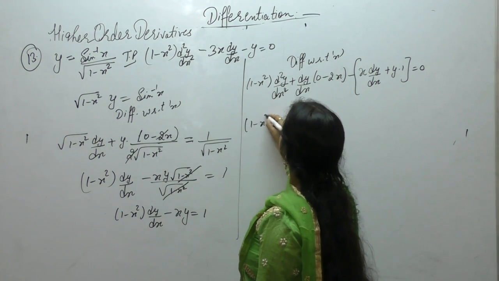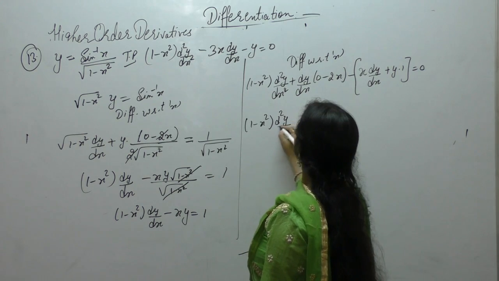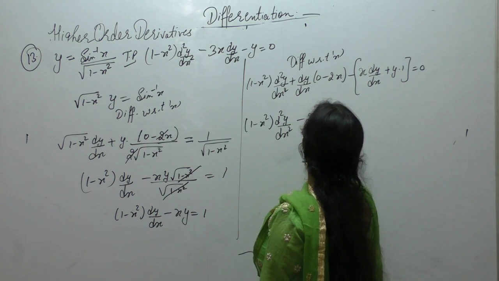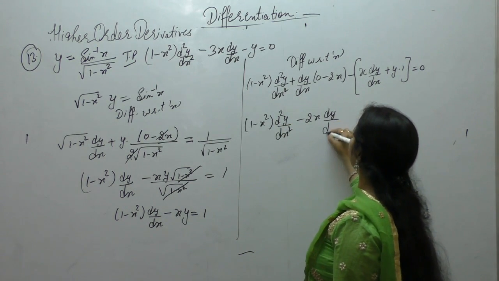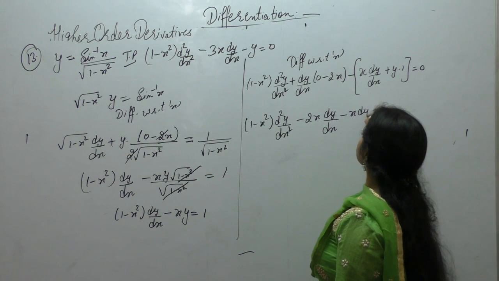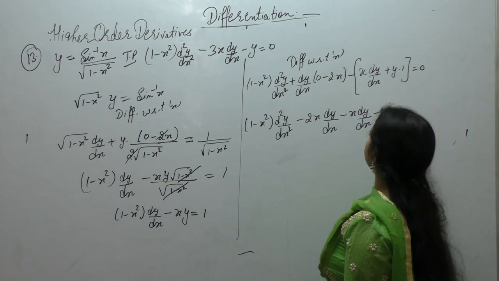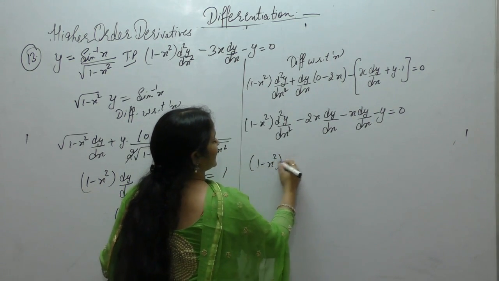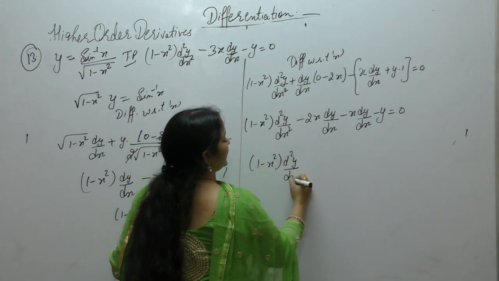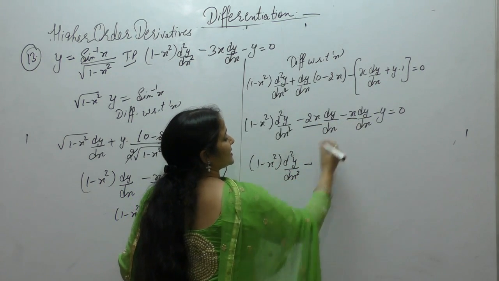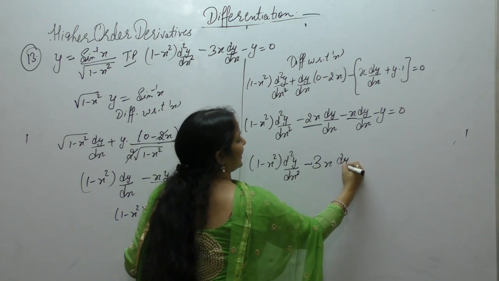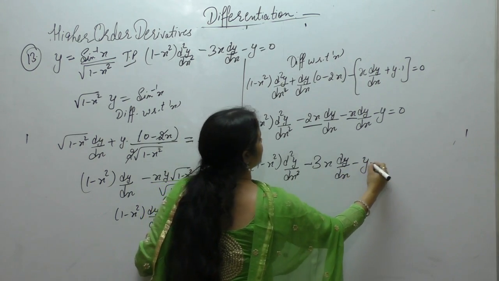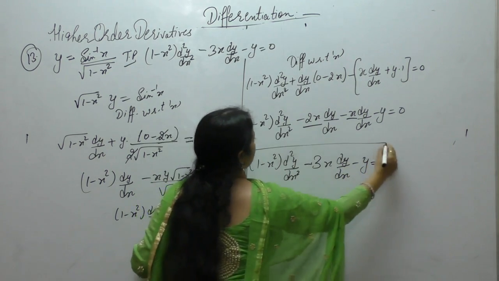So we get (1 minus x square) d square y upon dx square minus 2x dy upon dx minus x dy upon dx minus y equals 0. So (1 minus x square) d square y upon dx square minus 2x minus x, minus 3x dy upon dx minus y equals 0.